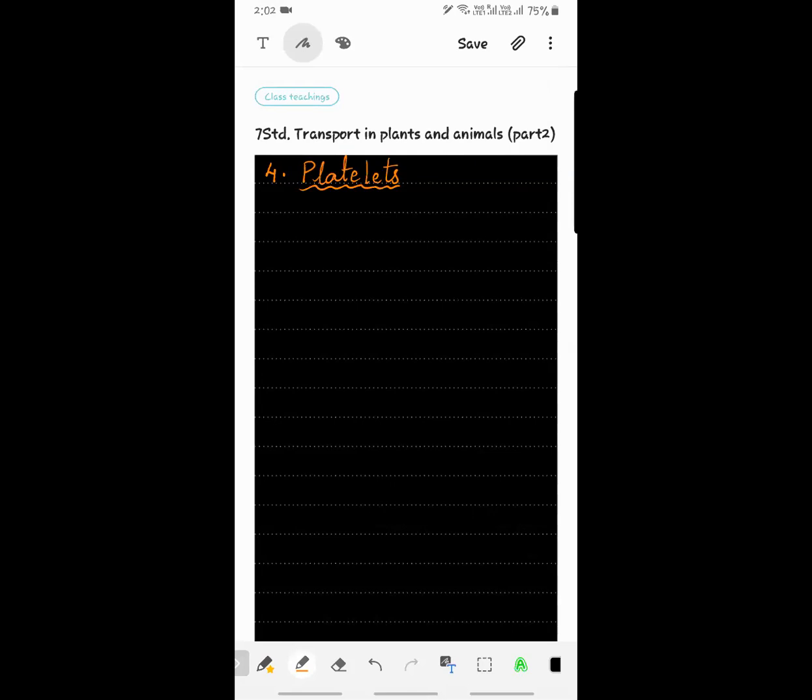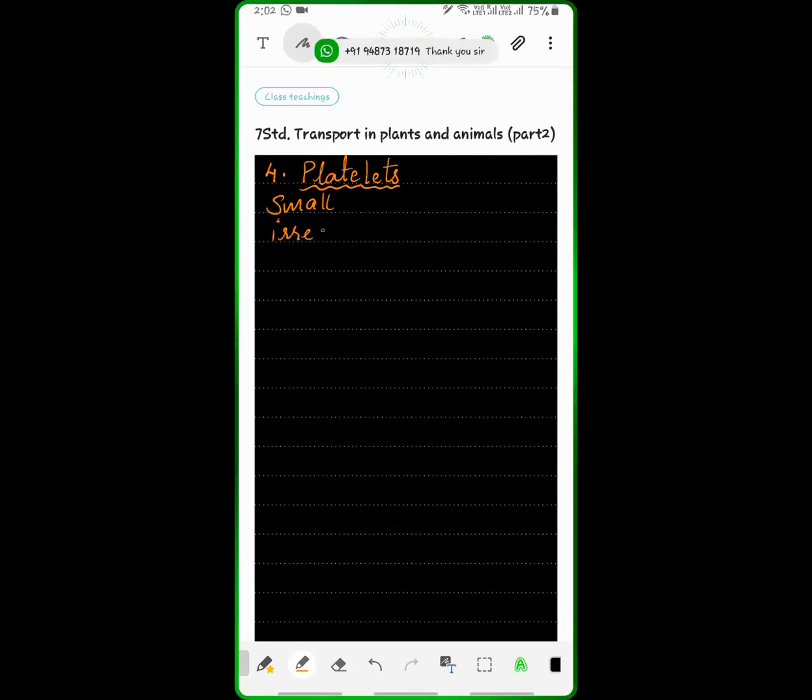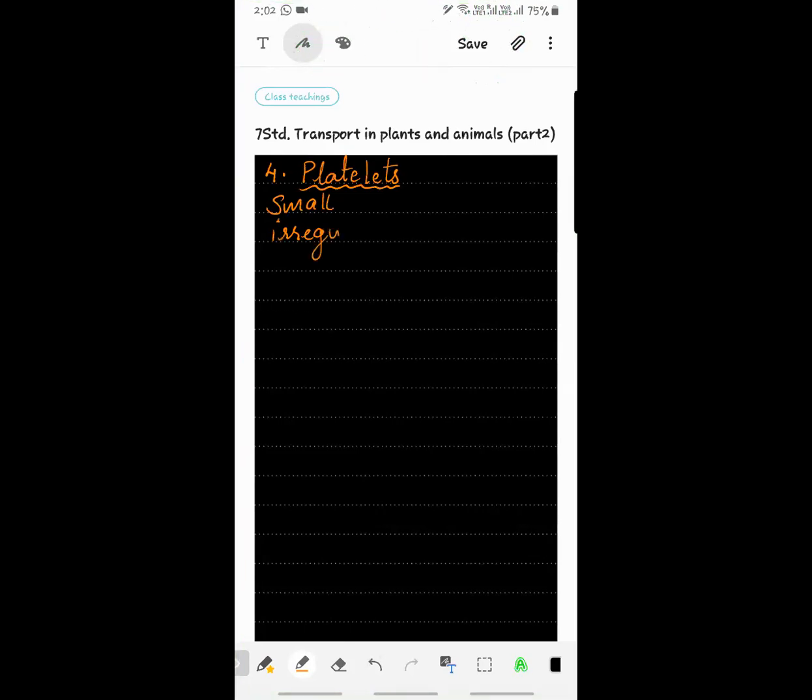So platelets are small, irregular, tiny fragments of special cells.